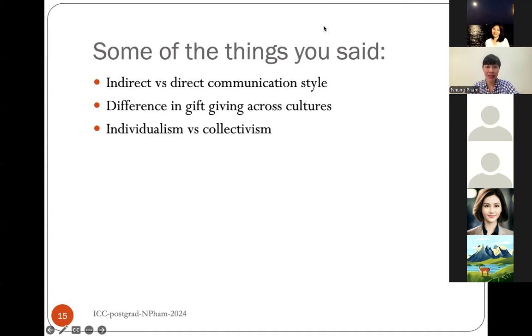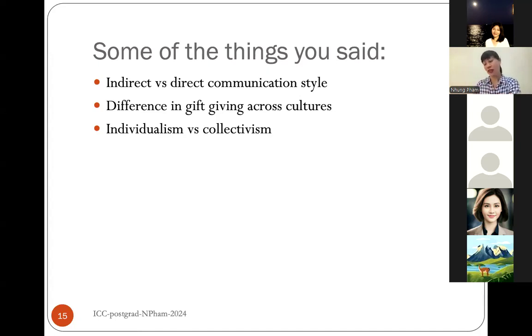Now, having said that, we'll come to the second example that you pointed out, difference in gift giving across cultures. Let me give you an example. Let's say on Teacher's Day, you come to visit your former teacher and you give him or her a small gift.